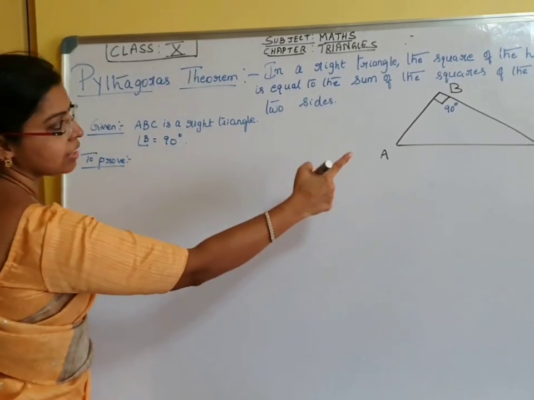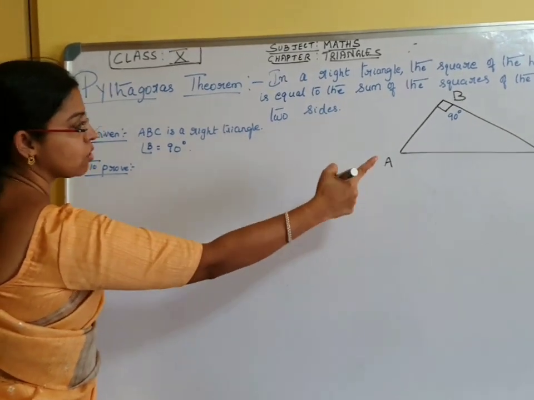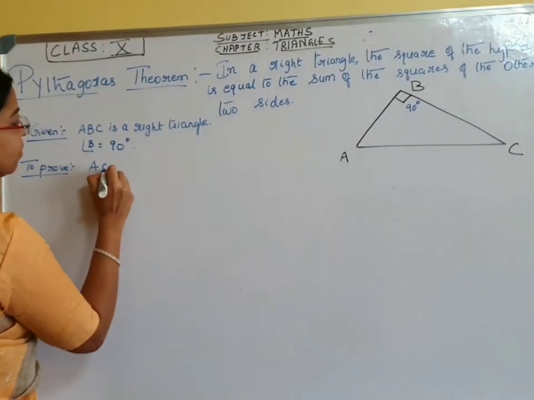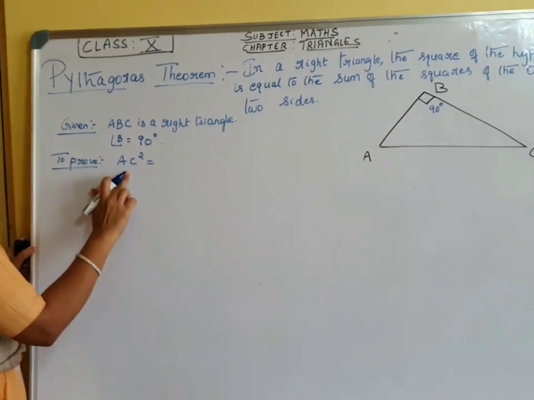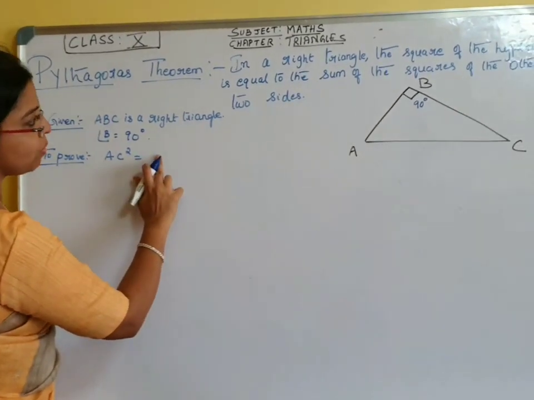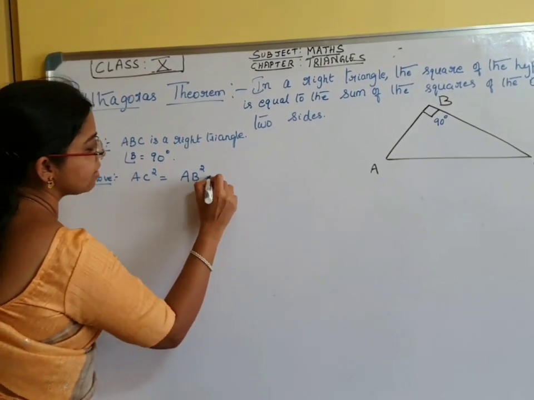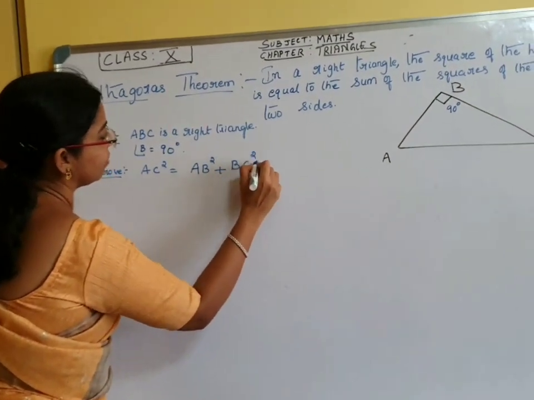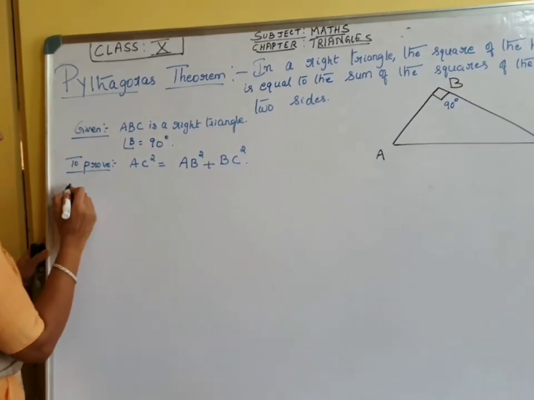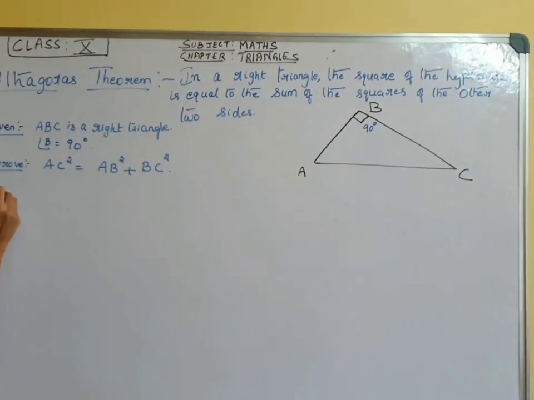The hypotenuse here is AC, which is the side opposite to 90 degrees. AC square, the square of the hypotenuse, is equal to the sum of the squares of the other two sides, AB square plus BC square. This is what we need to prove. We will do a construction to prove this.